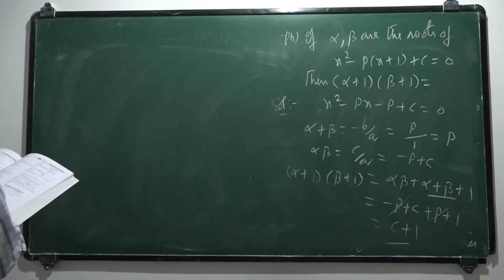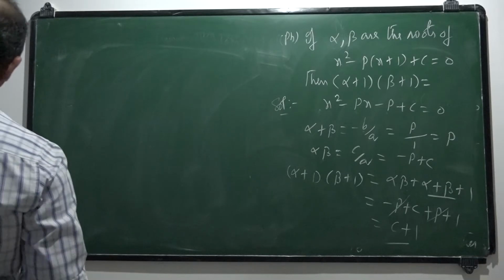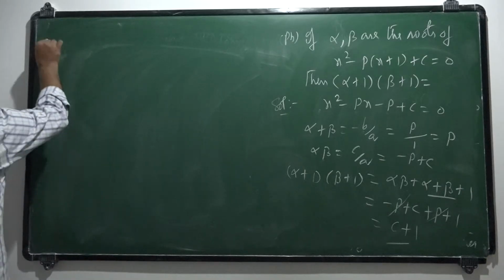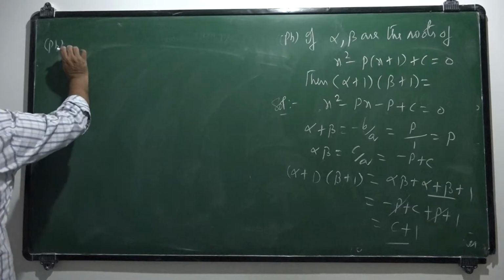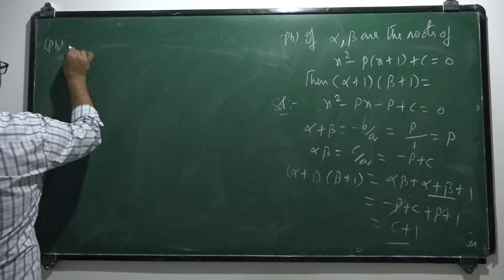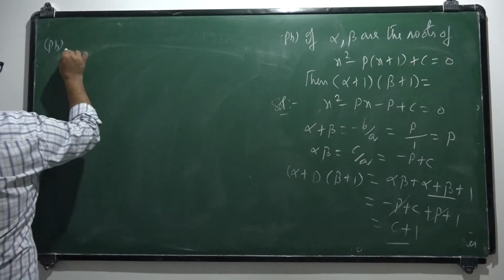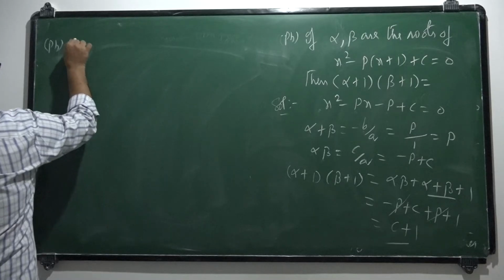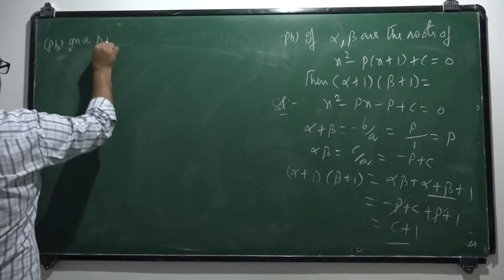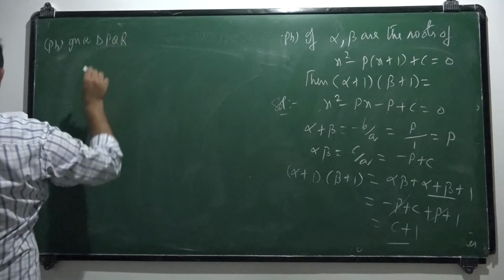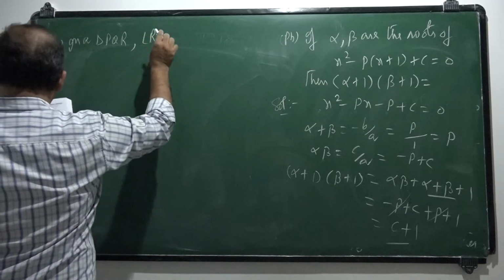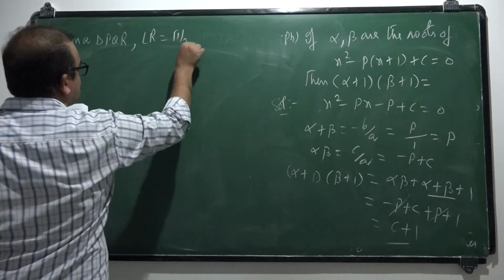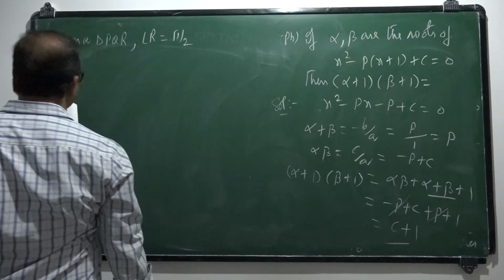Next, in a triangle PQR, angle R is equal to pi by 2.